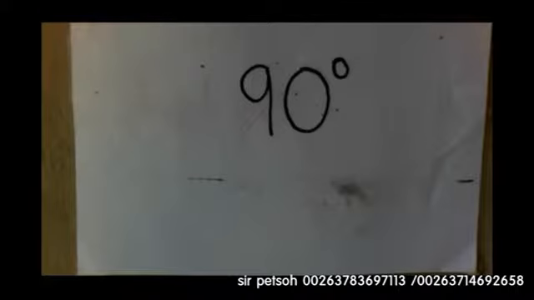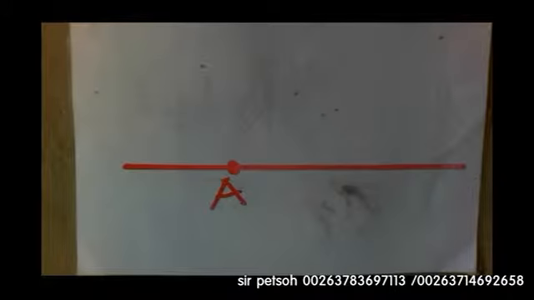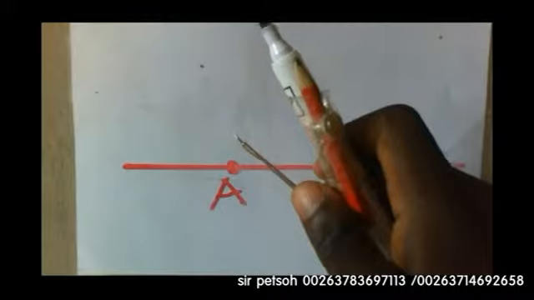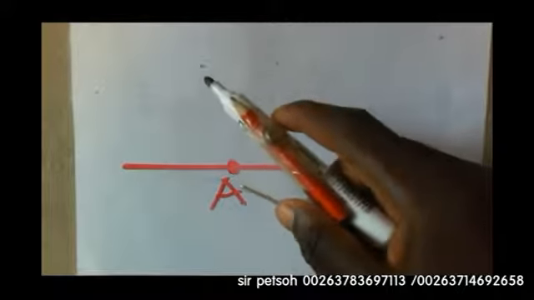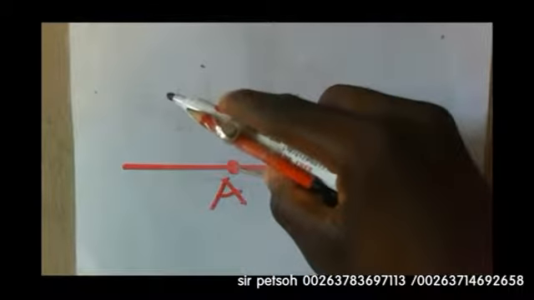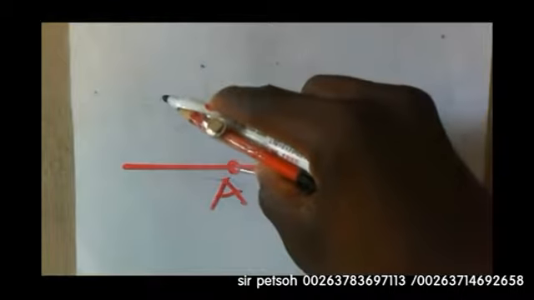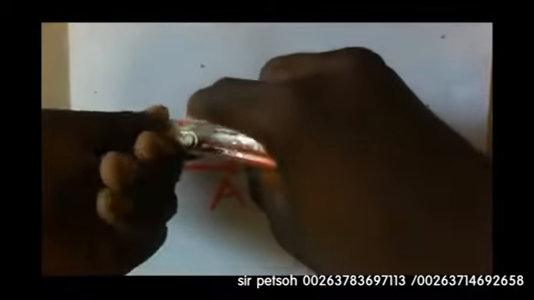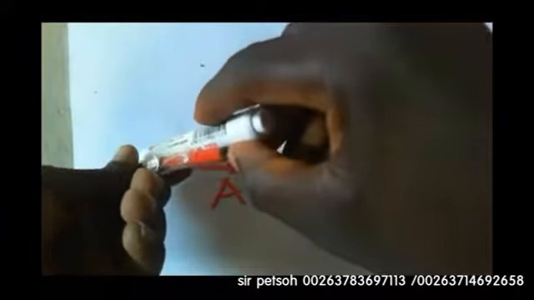Let's move on to construction of 90 degrees. So I want to construct 90 degrees at the point marked A. For you to construct 90 degrees, you start by constructing a line such that the point A is the center of that line. Open a radius of your choice.